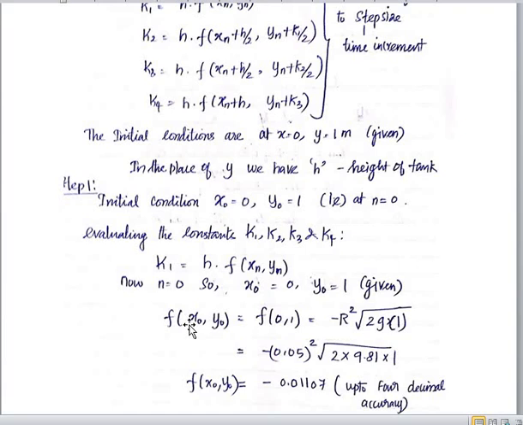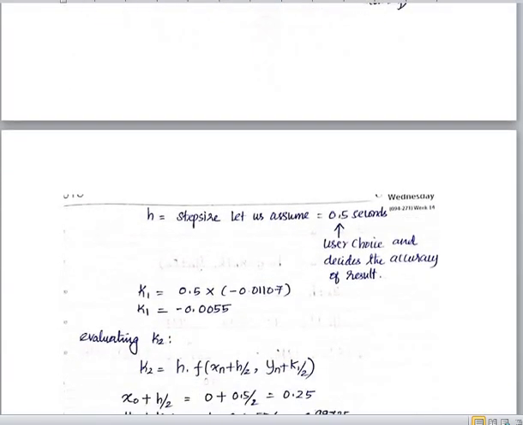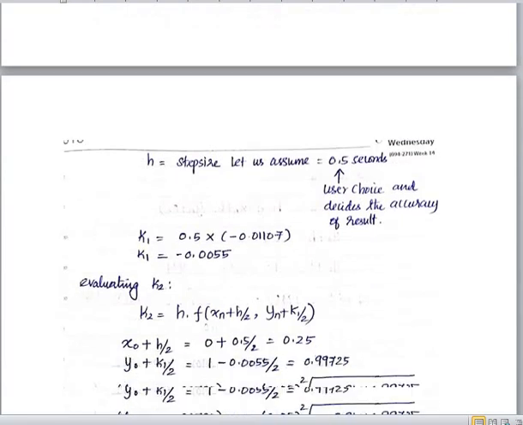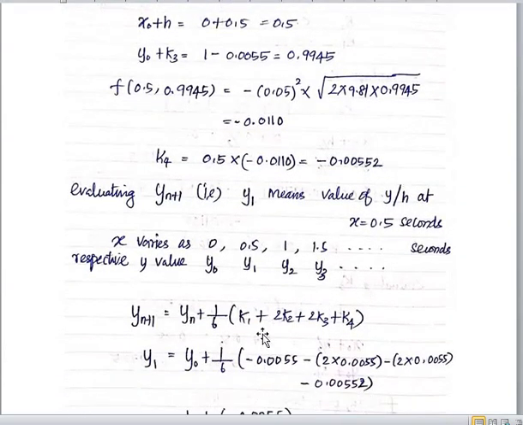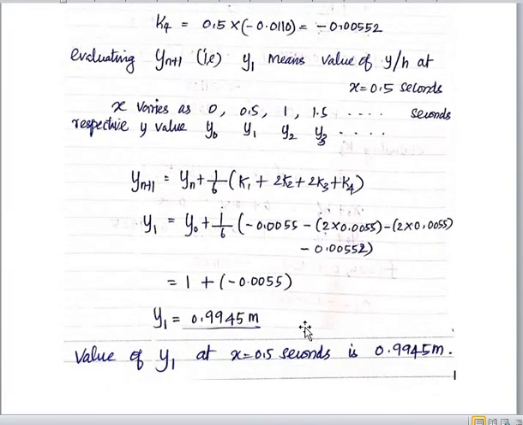So that means f of x1 comma y1 means x1 is equal to 0.5, y1 is equal to 0.9945. In the same way you have to do all these steps: evaluate the new k1, k2, k3 and k4 values, and substitute those values into this equation to evaluate y2. y2 is equal to y1 plus 1 by 6 and the product of all this, and you will get y2 as some value.